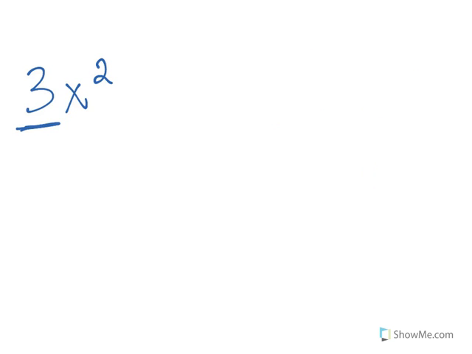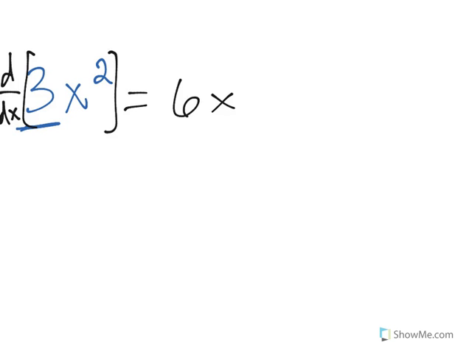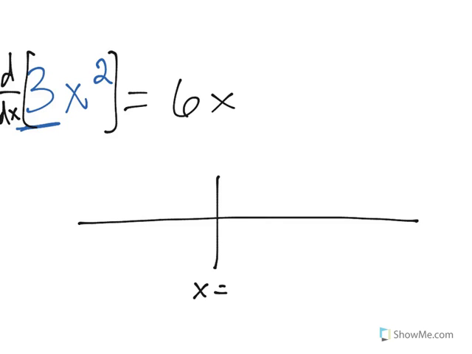What we would have to do in this case is get the derivative, which we know to be 6x, and then we could set up a domain line, and we know that it's 0 at x equals 0.